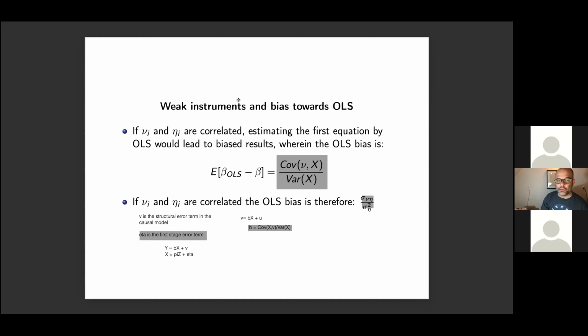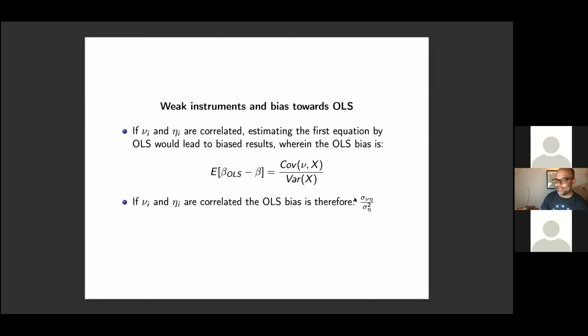This is just a rewriting. We have rewritten the bias of OLS as sigma V eta over sigma squared eta. Okay, that's the bias of OLS.